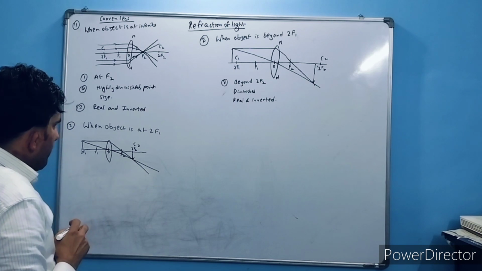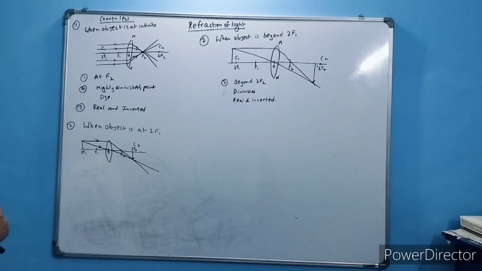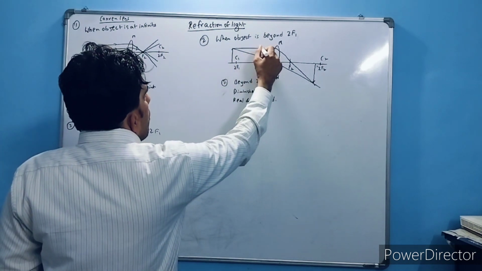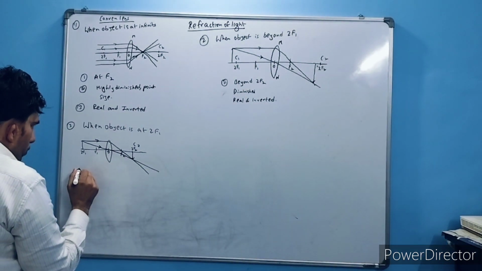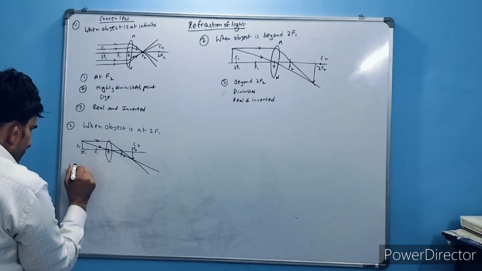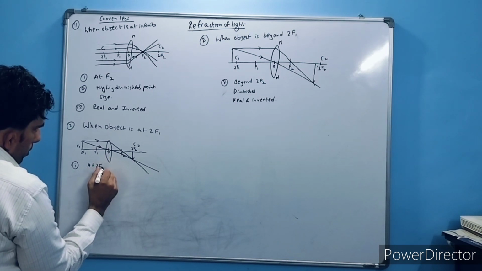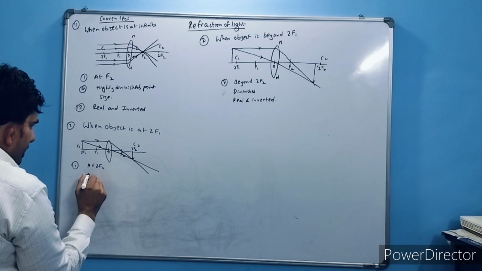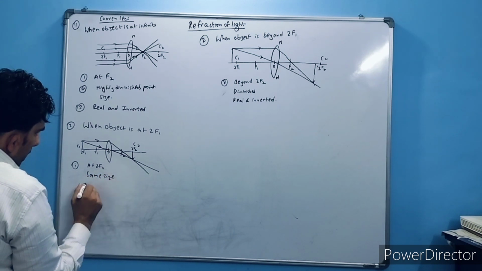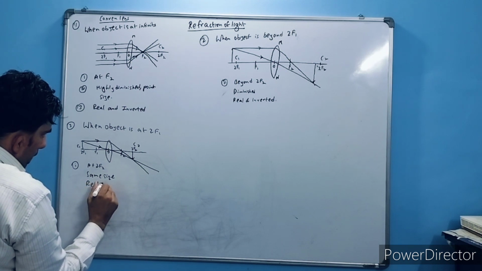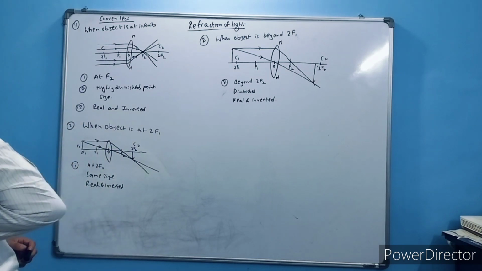So we can see here also, when the object is at 2F1, that is C1, then the image will be at 2F2. Next, the size will be the same as the object, and the third, it will be real and inverted.